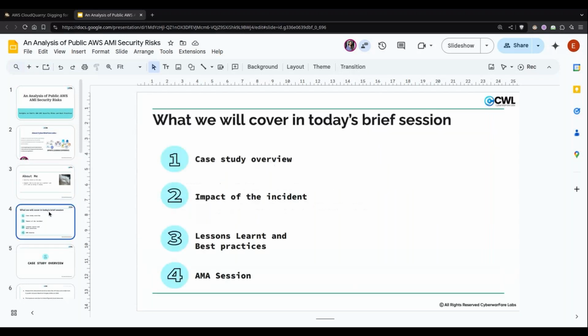We're going to be covering four things today. First, a brief overview of the case study. Then we're going to see the impact it could have if it was not handled properly. We're also going to be going over the lessons learned and best practices.